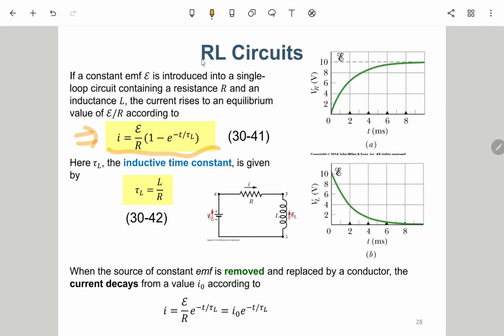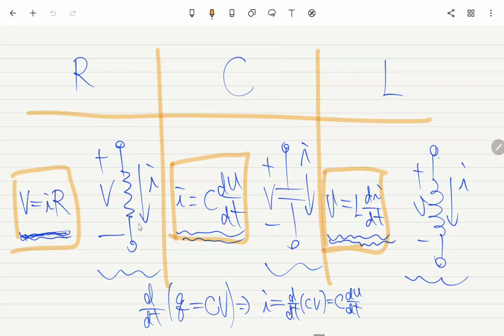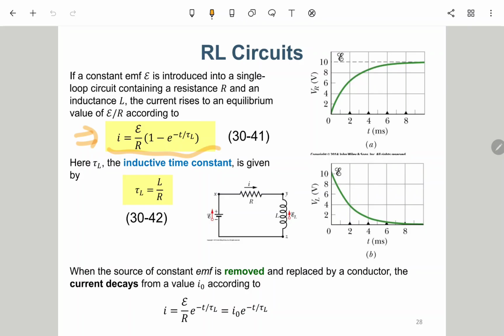So here is the RL circuit, almost the most simple circuit. The most simple circuit will be like this, with only a resistor, only a capacitor, or only an inductor. But this circuit is too simple, so it cannot be used for too many purposes. So here is a slightly more complicated circuit.